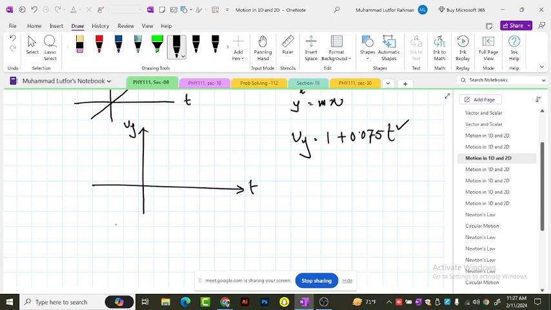It should be a parabola, but it will not pass through the origin. It will start from this point, which is going to be the 1.